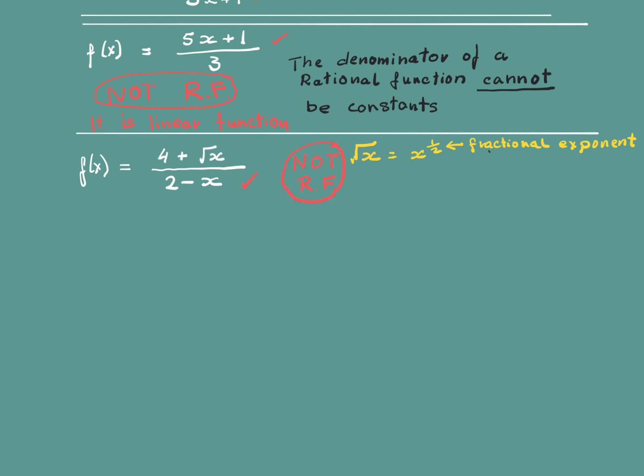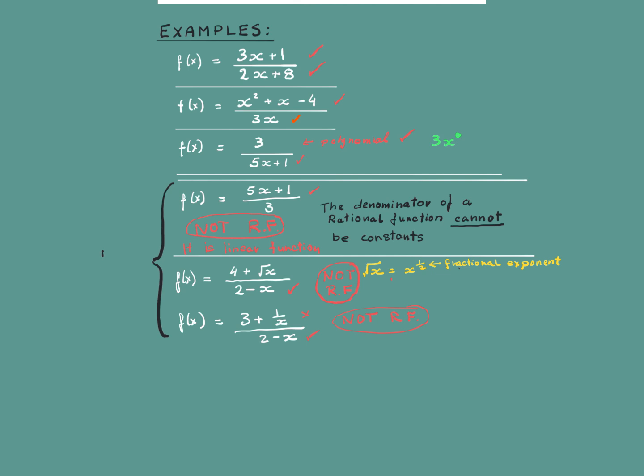As well as this one over here, where I'll write 3 plus 1 over x, over 2 minus x, and this is also not a polynomial, so altogether not a rational function. These 3 examples are not rational.